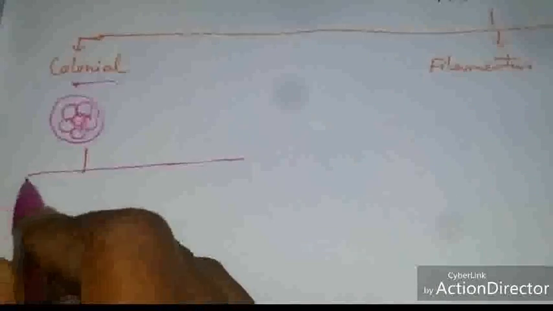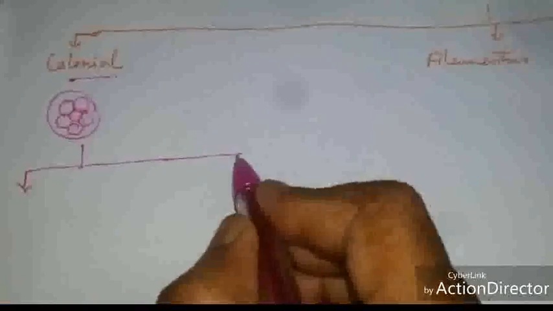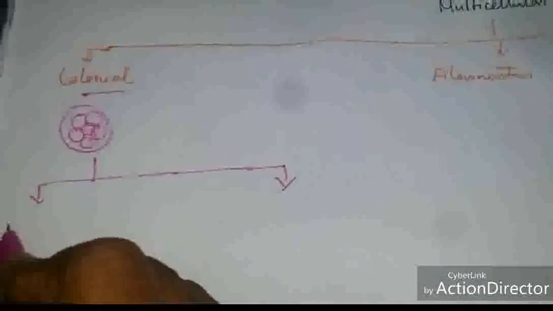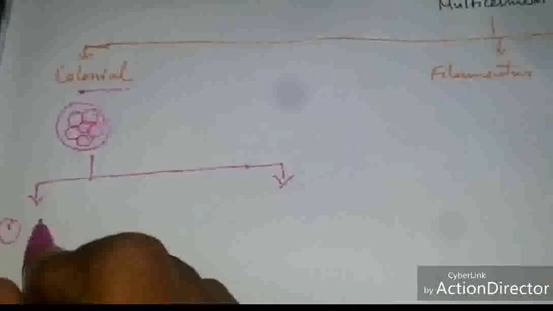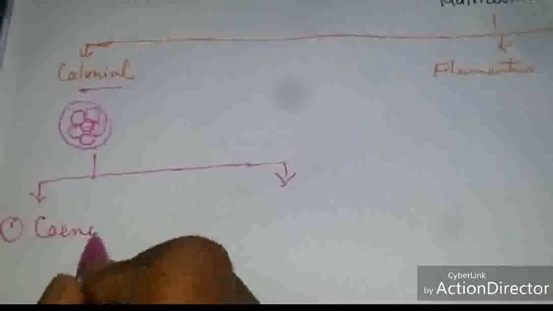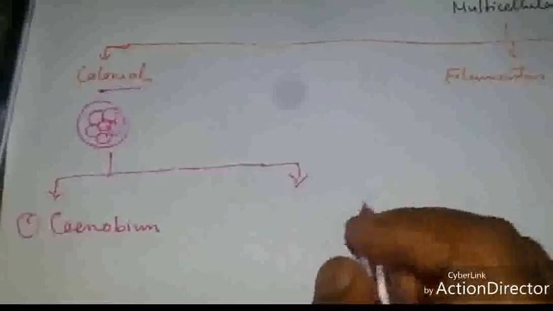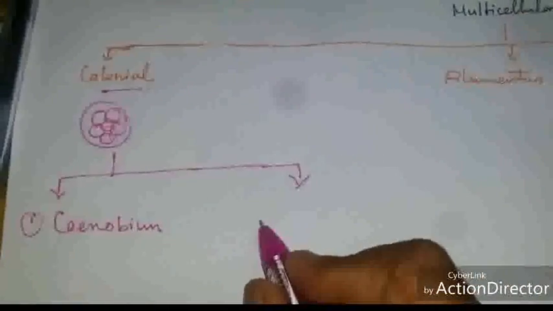Now, colonial cells are also divided into two types. One is coenobium, and another is aggregate.